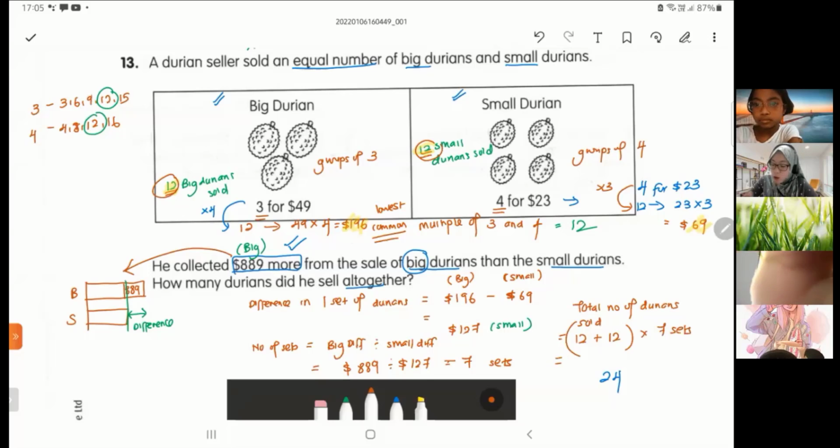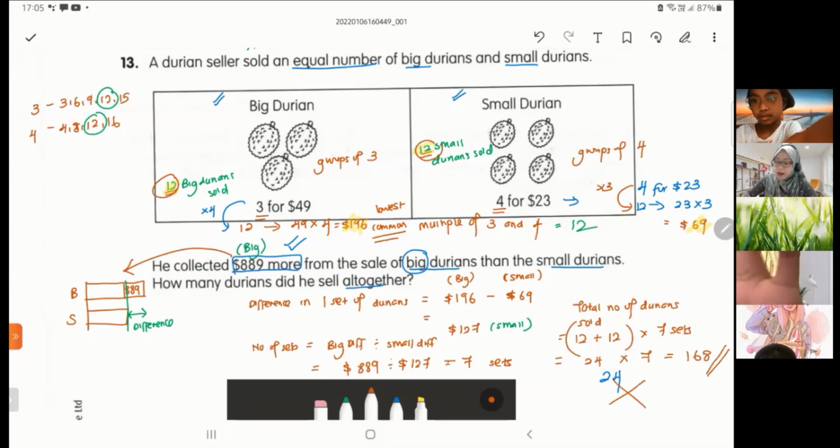So I sold 7 sets of the durians, big and small. This is 24 times 7, and then you get 168 durians. This is my answer, 168. Equal difference concept also.